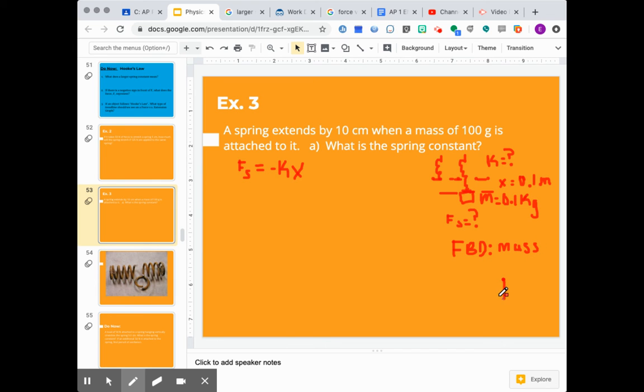If all the forces are balanced, the sum of the forces in the y are equal to 0. The force that holds the mass up would be the force of the spring. Another force acting on the mass would be the force of gravity, which we know is equal to m times g.